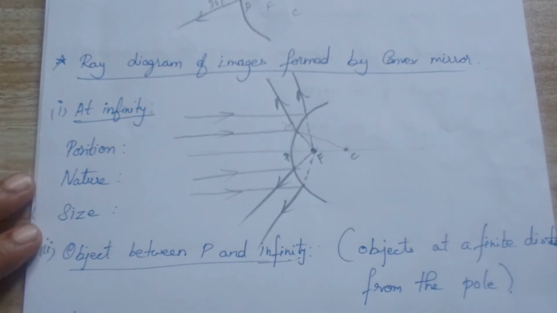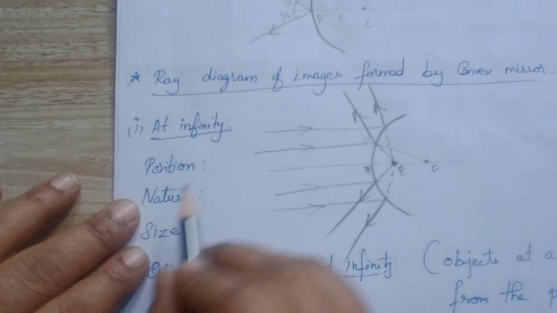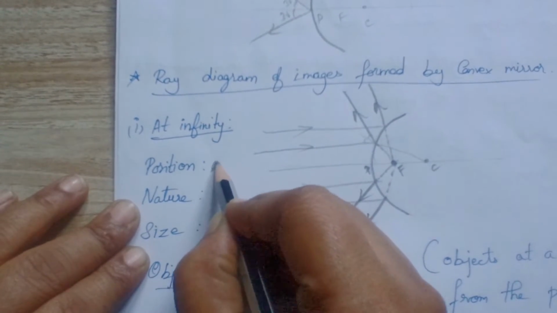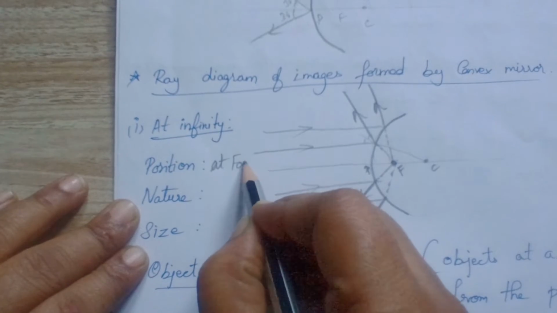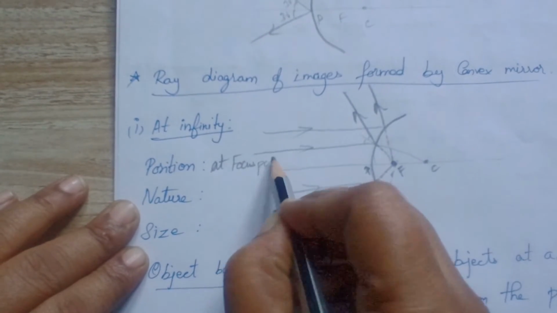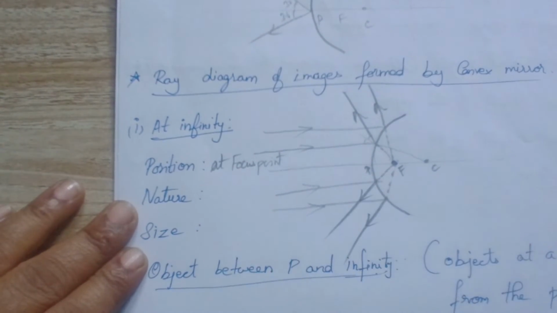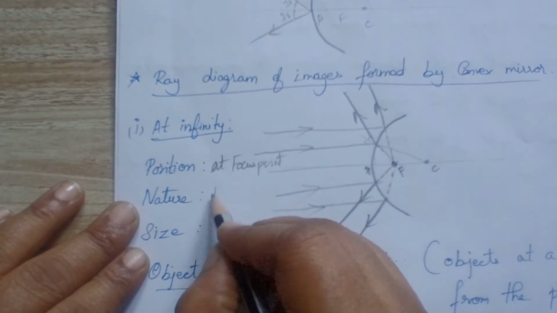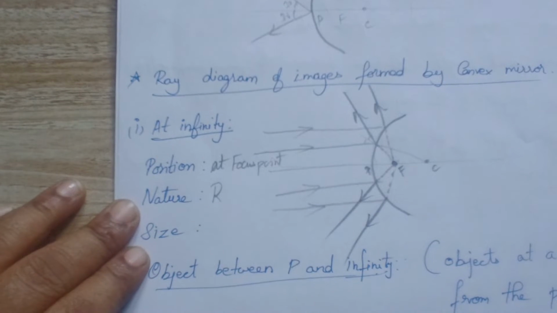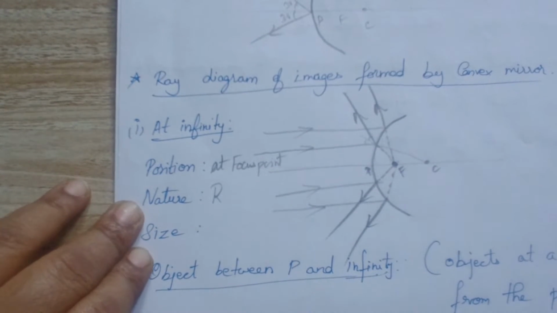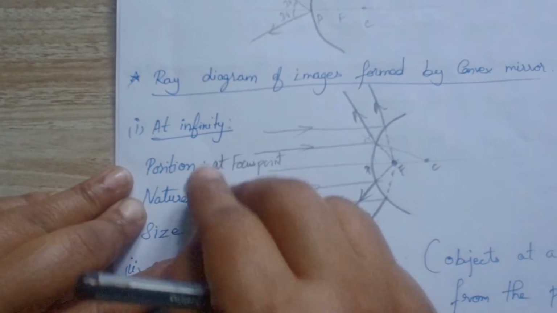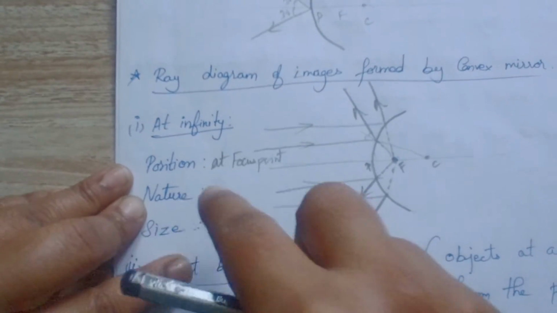So this is your image. What is the position of the image now? The position of the image is at the focus point. What is the nature of the image? It is real? Virtual. It is formed behind the mirror.